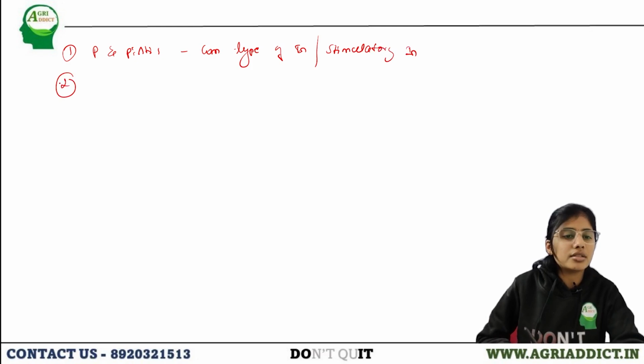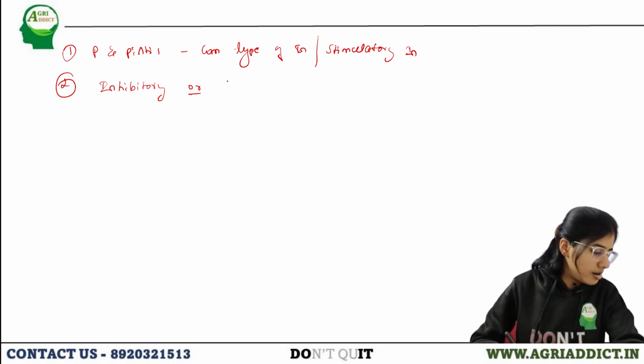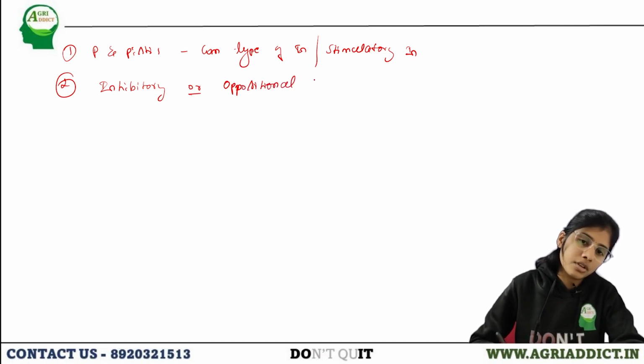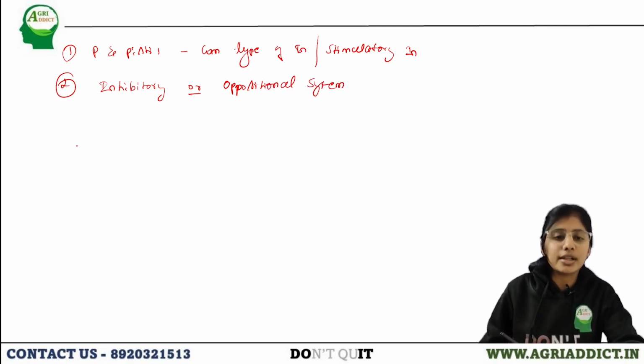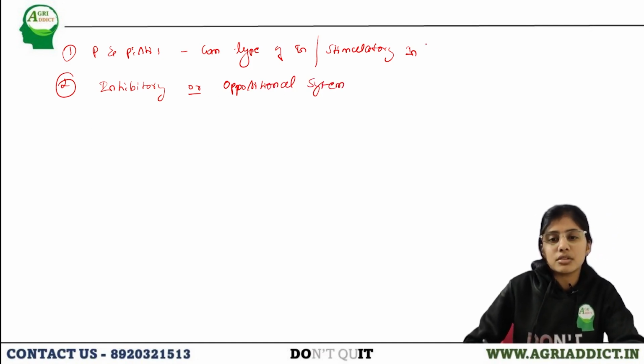The second one is the inhibitory or oppositional system. These are the two different interactive mechanisms that happen between the pollen as well as the pistil.